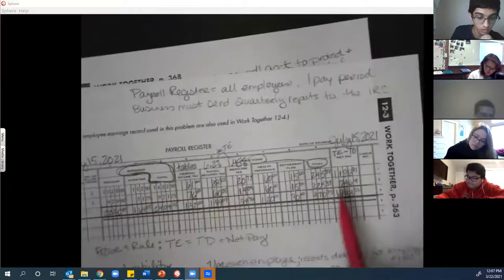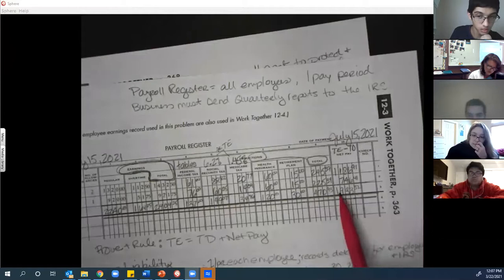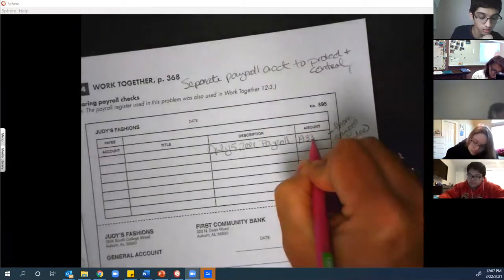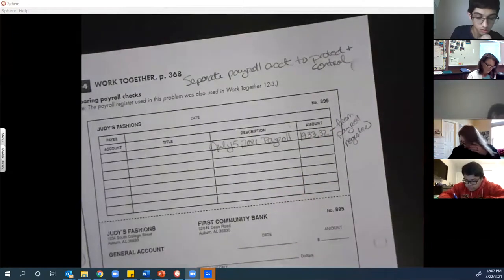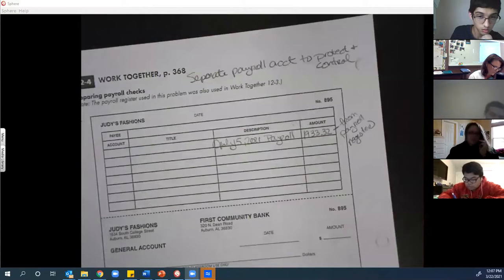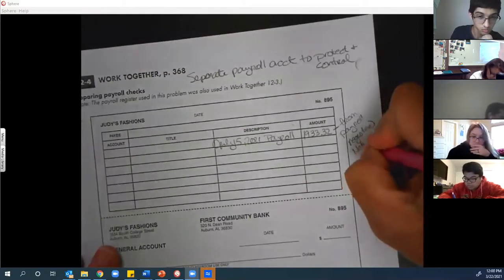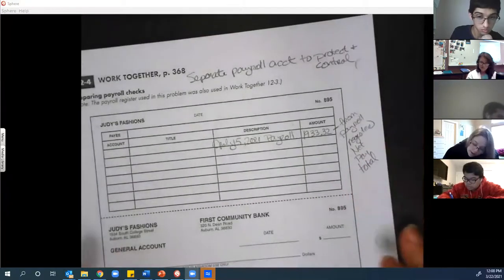So if we went back to the payroll register for July 15th payroll, this is the amount that we would want to write the check for. So 1933.32. It's the net pay total from the payroll register.